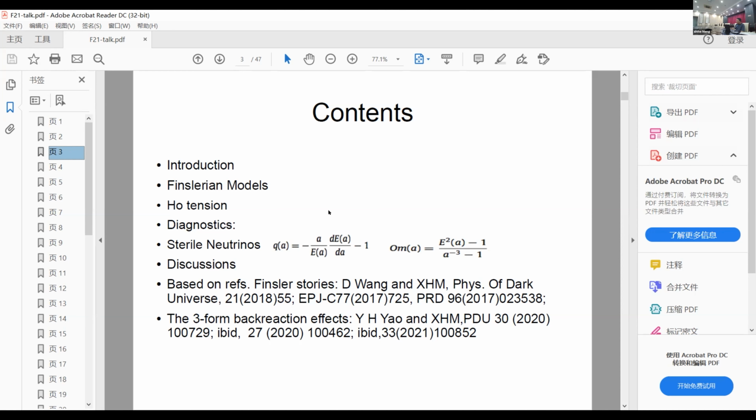After that, we'll confront it with data and make some diagnostic judgment with two parameters. We call them the acceleration parameter and the Om parameter. Then we extend the model with some dark radiation, so-called sterile neutrino. We'll see the results. The last part is the discussion and conclusion.